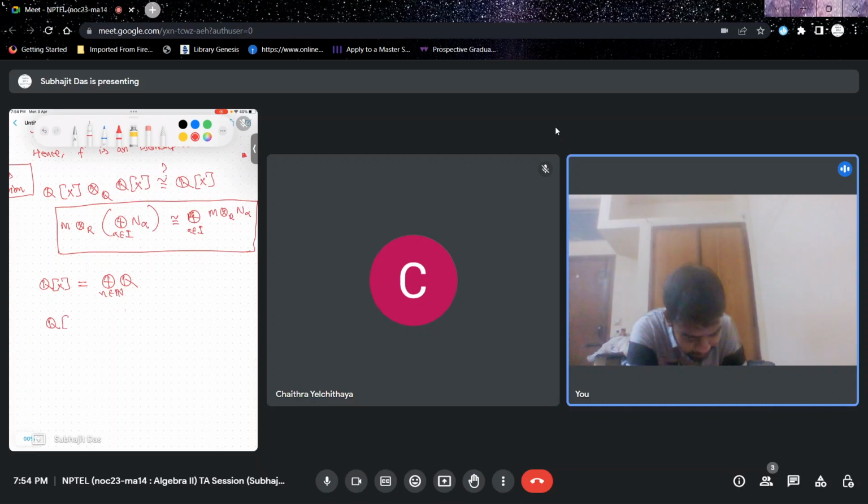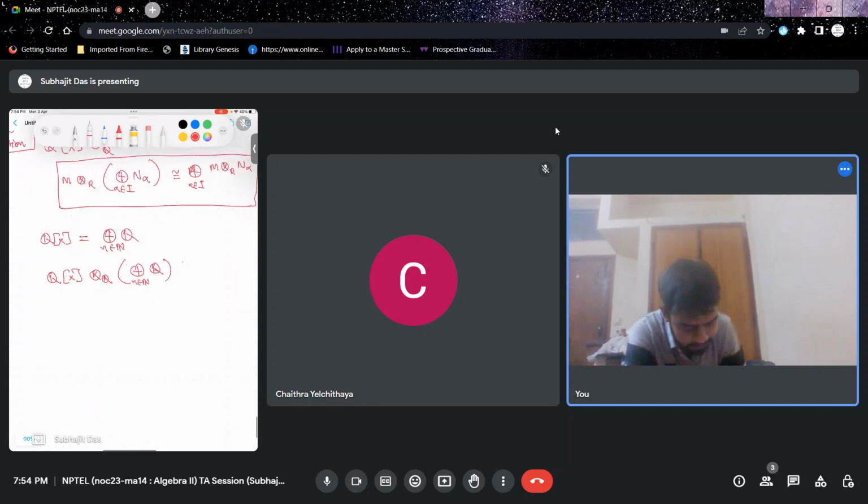And therefore Qx tensored over Q with Qx is just a direct sum of copies of Q, right? And we know that tensor products always commute with direct sum.